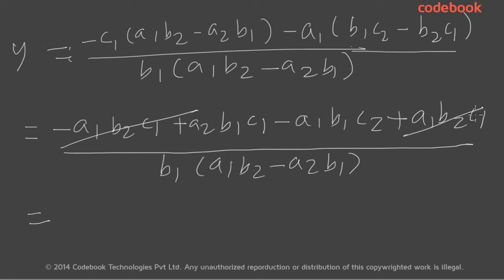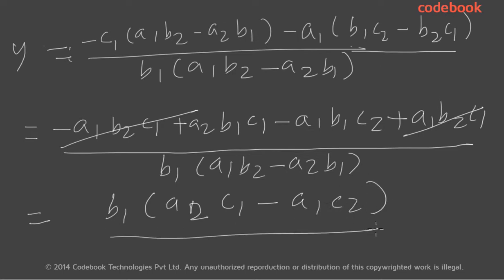So these two terms get cancelled out, and we have a2 b1 c1 minus a1 b1 c2, the two terms which are left. And here b1 is common in these two terms, so b1 times a2 c1 minus a1 c2 by b1 times a1 b2 minus a2 b1. So b1 b1 gets cancelled out, and your y is nothing but a2 c1 minus a1 c2 by a1 b2 minus a2 b1.